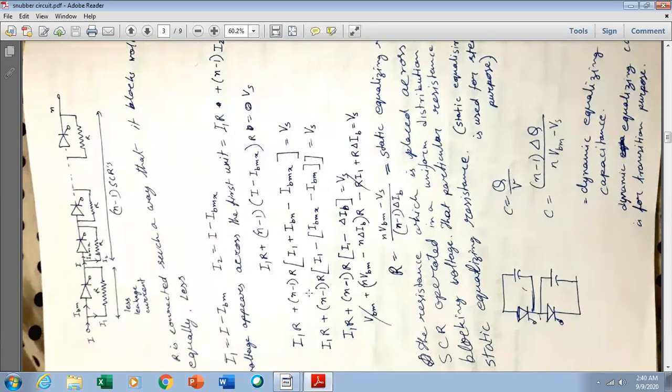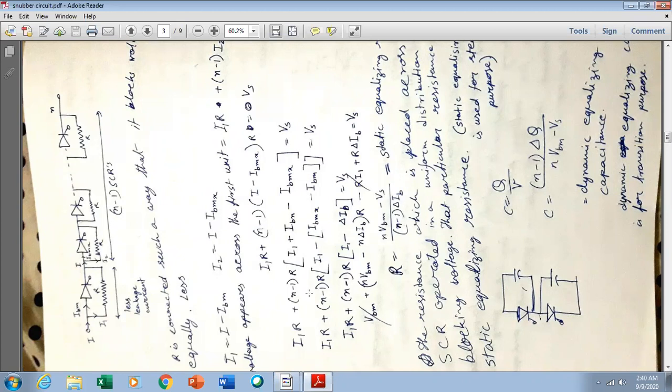Now the input current is divided into two parts, IBM plus I1. You can see this, and one resistance R is connected in parallel with the first SCR.